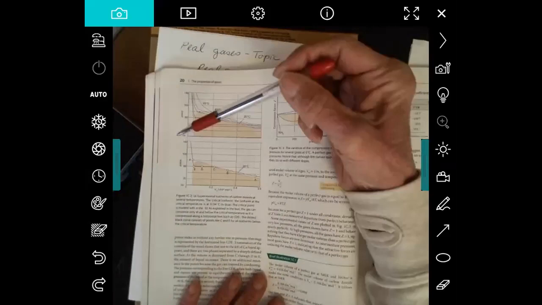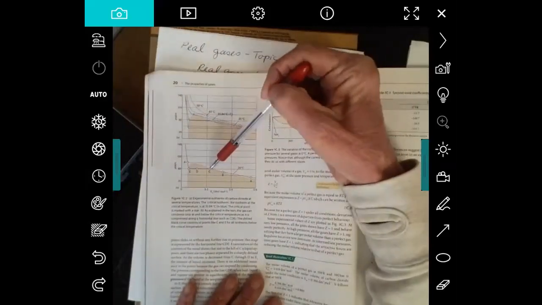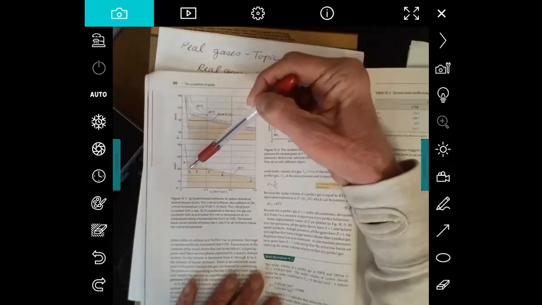And that's because you've gone below the temperature at which that gas can condense to a liquid. So if you decrease the volume, rather than increasing the pressure, you're forcing some of it into the liquid phase, so that keeps the pressure constant. That's going to happen until all of the gas at C becomes a liquid at E.